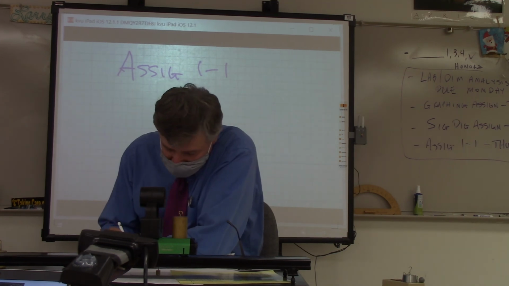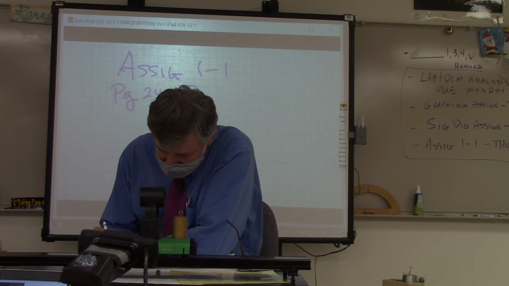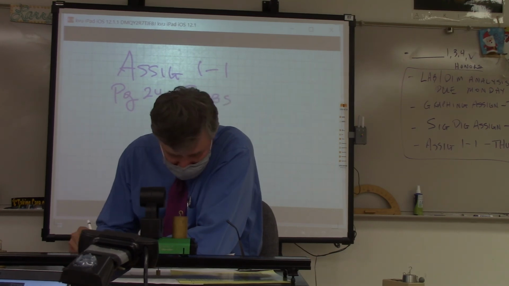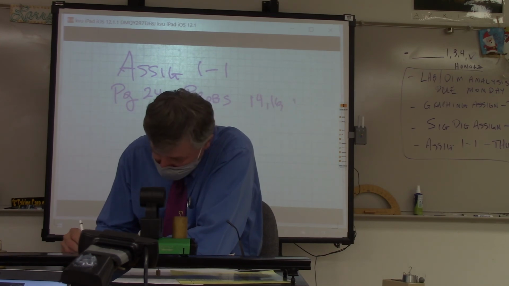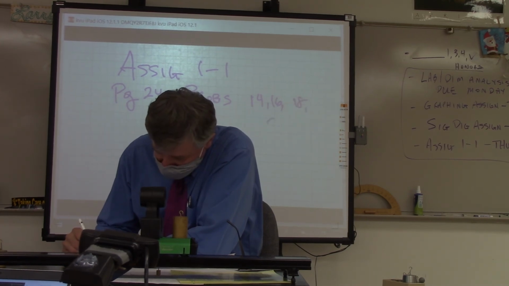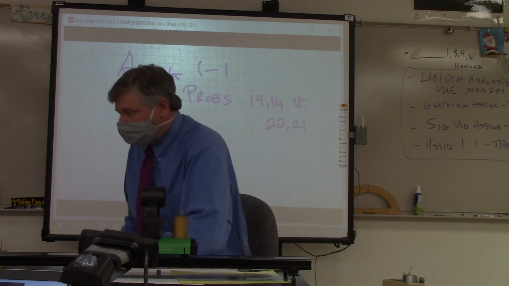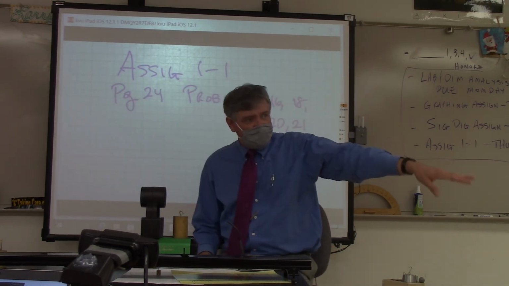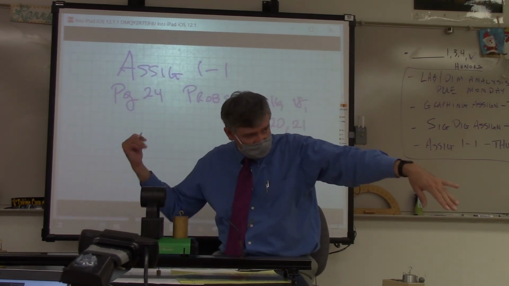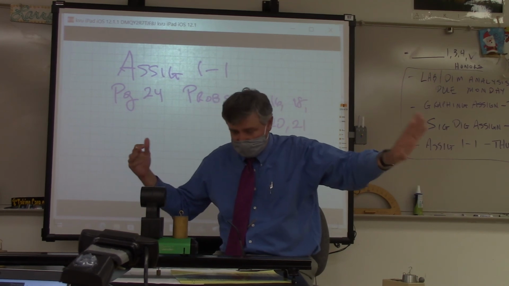And this is on page 24 out of your book. And you have problems 14, 16, 18, 20, and 21. This is, by the way, if you've checked your email, I sent you a revised schedule. This is on the PDF file that I sent out, okay?